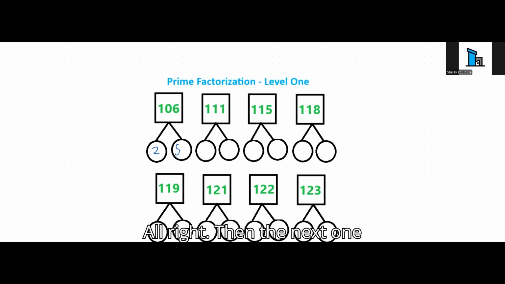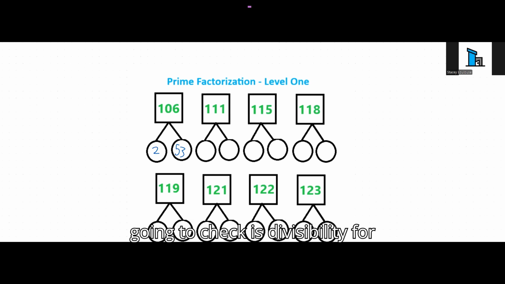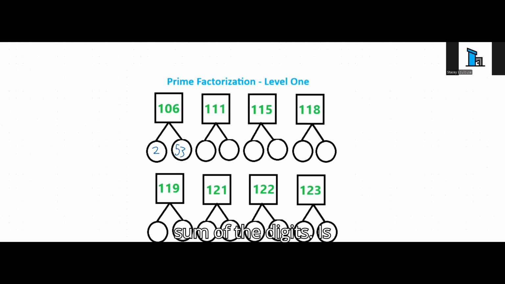All right, then the next one, since it's an odd number, the next thing we're going to check is divisibility for 3. And we sum up the digits, 1 plus 1 plus 1, which is 3. So since the sum of the digits is a multiple of 3, the whole number itself, 111, is a multiple of 3.